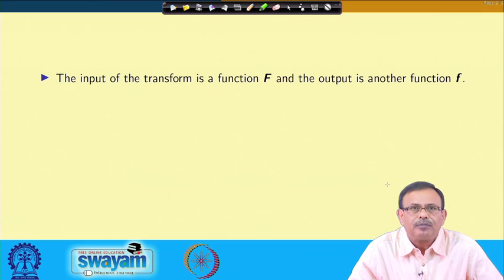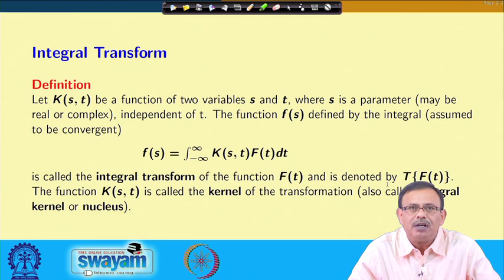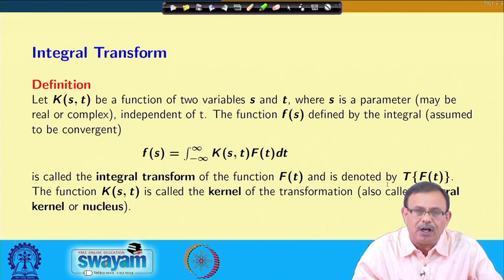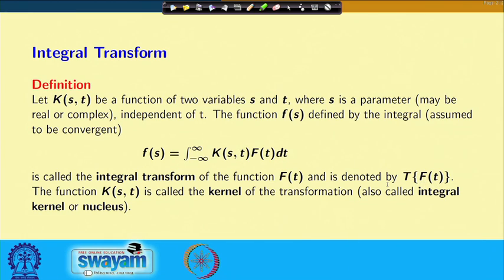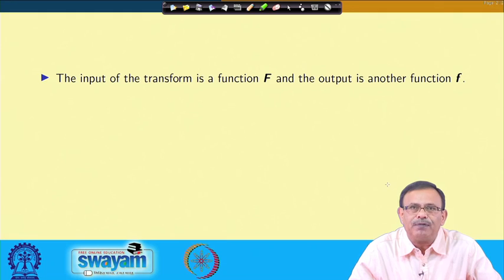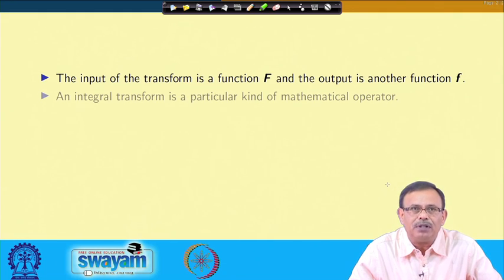Note that the input of the transform is a function F(t), and the output is another function, small f.